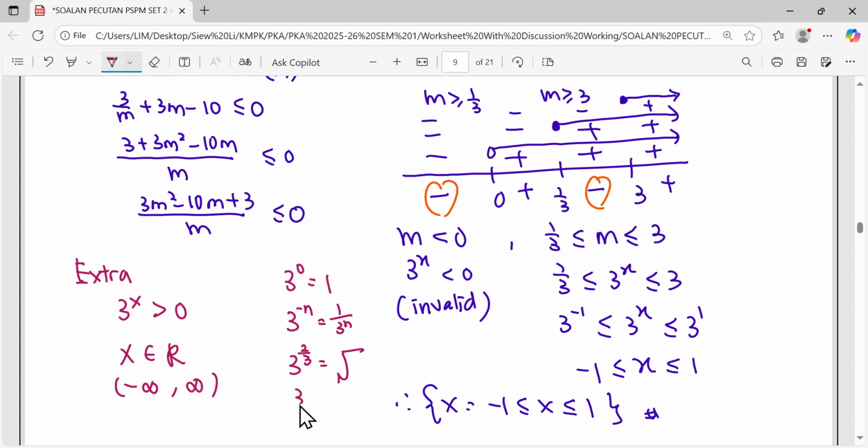Some more, when I power a positive number, it gets a bigger number, right? So this statement says that 3 to the power of x is positive. So what will be the x? Any number can make it positive. So the answer is negative infinity to infinity.